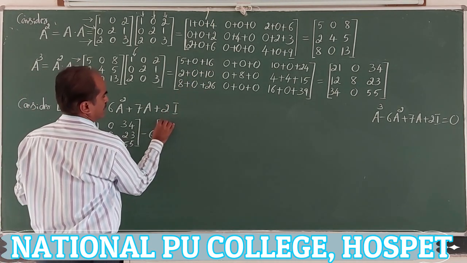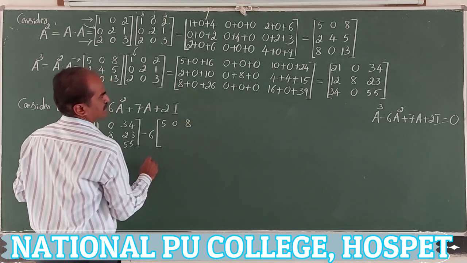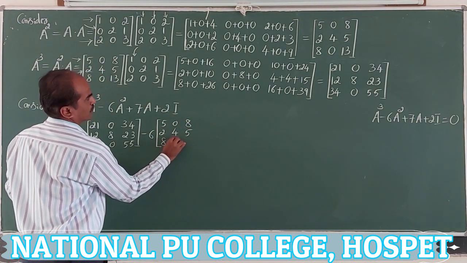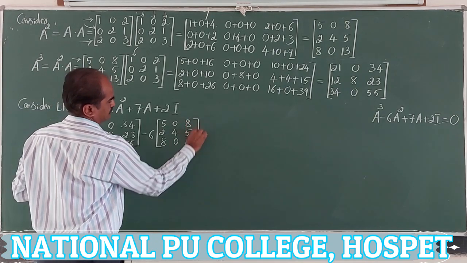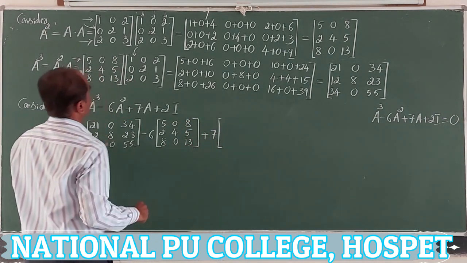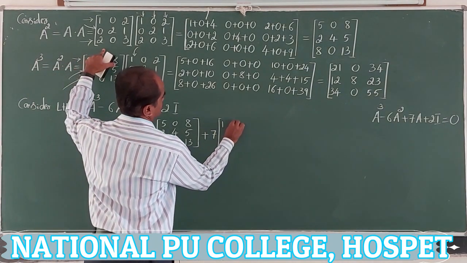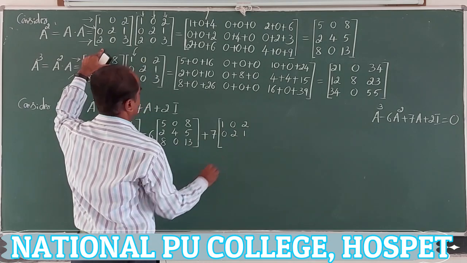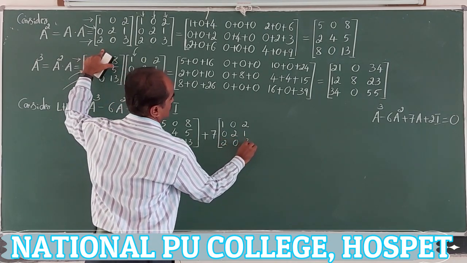That also we determined, whose first row 5, 0, 8, second row 2, 4, 5, third row 8, 0, 13, plus 7 times of matrix A, the given matrix, first row elements 1, 0, 2, second row 0, 2, 1, third row 2, 0, 3.